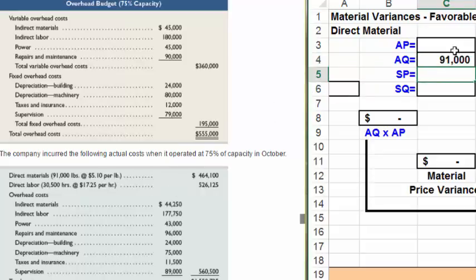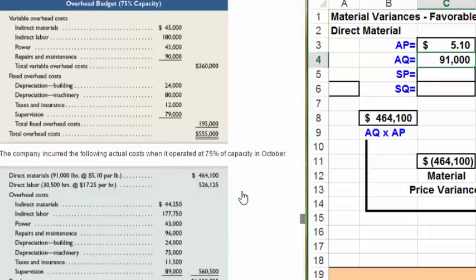And our actual price is $5.10. So I'll plug that in for our AP value. And then we will have our direct labor and our actual hours, and for our direct labor and actual hourly rate, we'll use that when we do our labor variance down here.